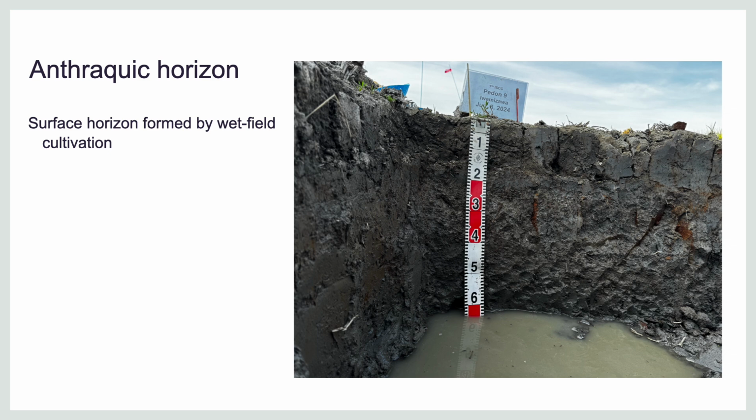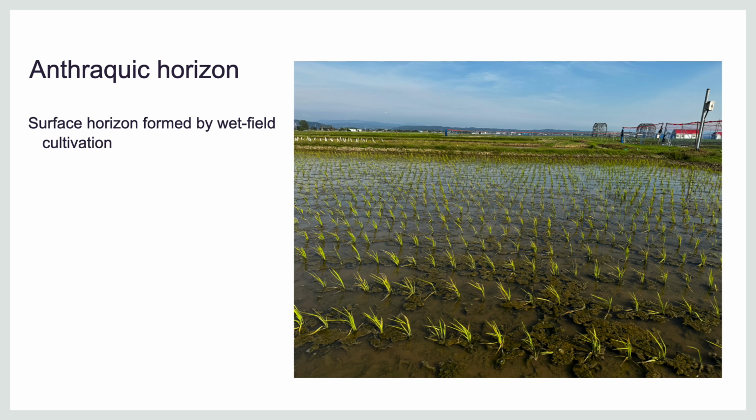So regular or natural flooding cannot create the anthraquic horizon. It's quite common in Asia, but of course, now we can classify anthraquic horizons everywhere where we have flooding and cultivation induced by humans.